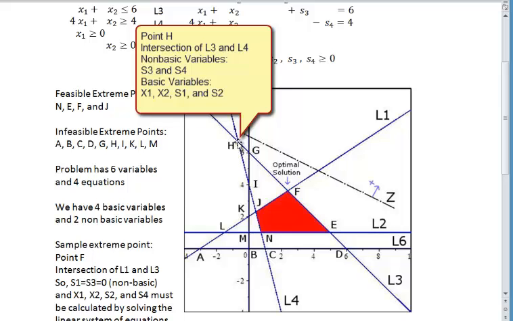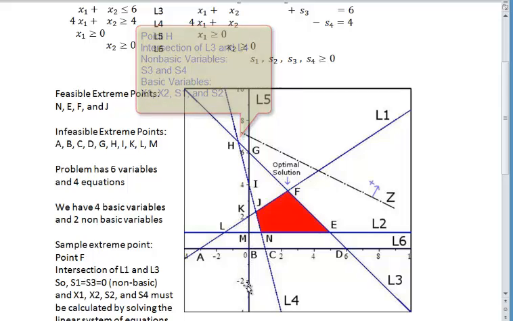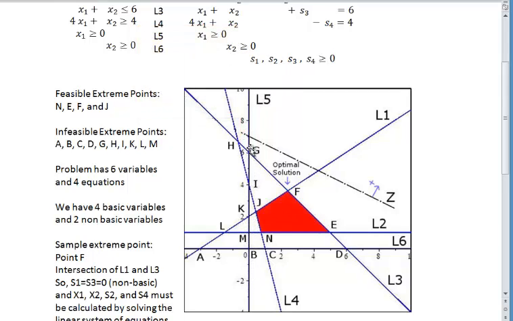However, point H is infeasible for L1, so your S1 will be negative, and it is also infeasible for this line. That's the line which has the x1 greater than or equal to 0. So your x1 will end up to be negative. Of course, we can see that in here as well.